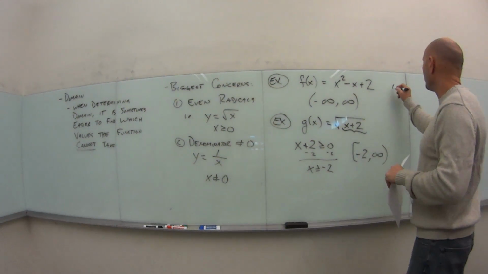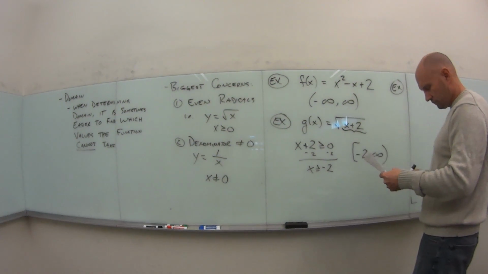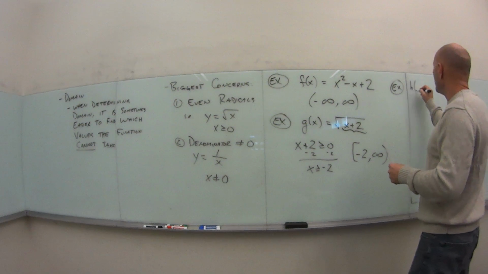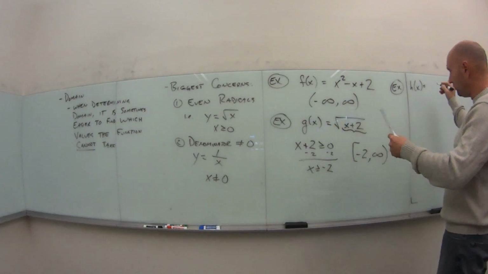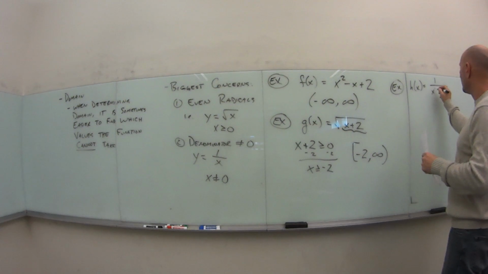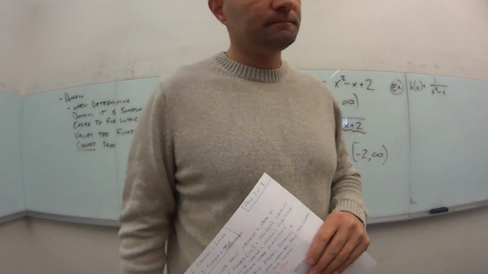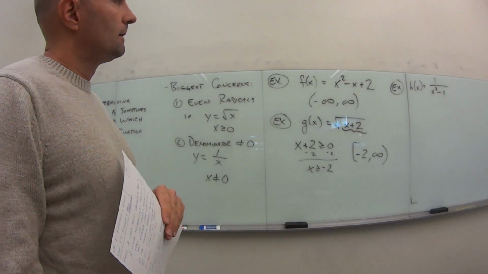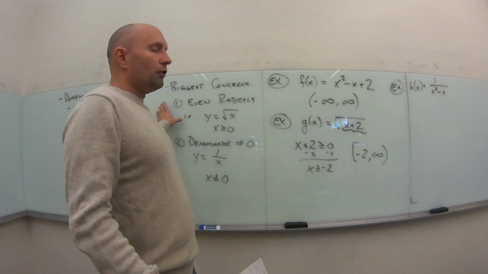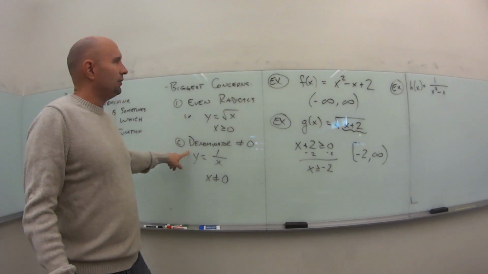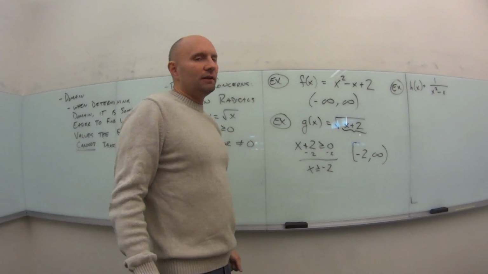Let's look at one more example. What if I have h of x is equal to 1 over x squared minus x? Radical? No, we're okay there. Denominator? Yes, we have a denominator.